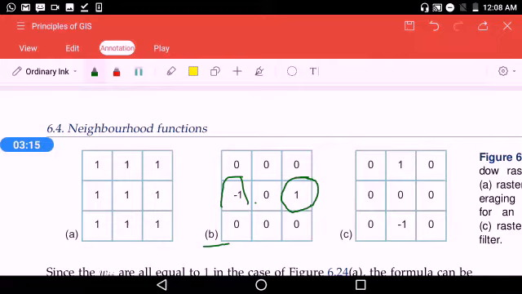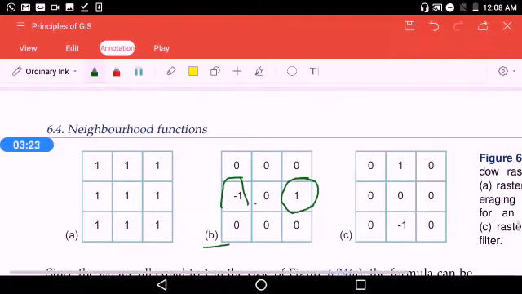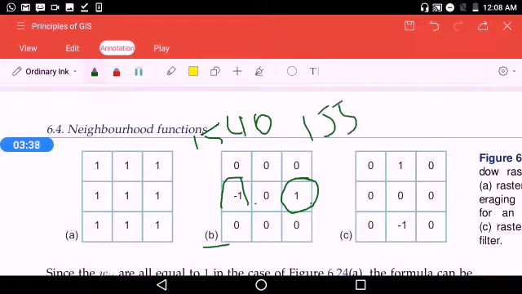So let us suppose that the west cell is having the value of 1540 meters, and the east cell is having the value of 1552 meters.